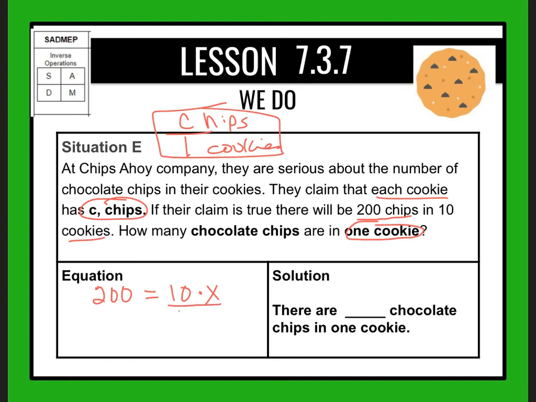So I can take this and divide that by 10, and that's going to tell me how many chips are in one cookie. So 200 divided by 10 is equal to 20 chips, right? 20 chocolate chips in one cookie.